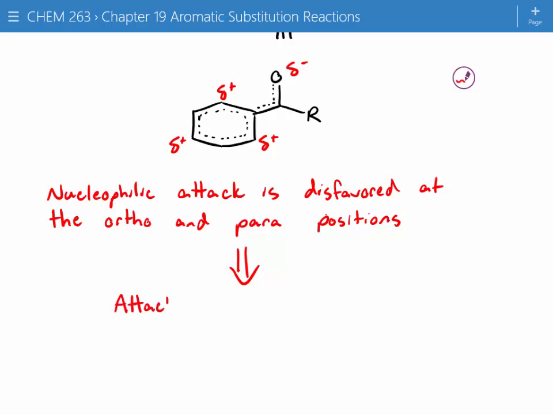Yep. And that's simply because these other two are so disfavored, so we're going to attack either here or here to avoid those partial positive charges. Does that make sense?